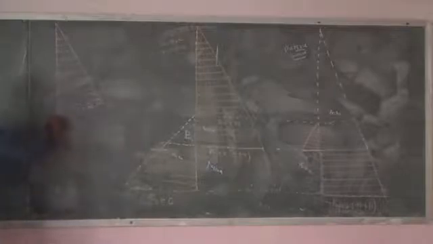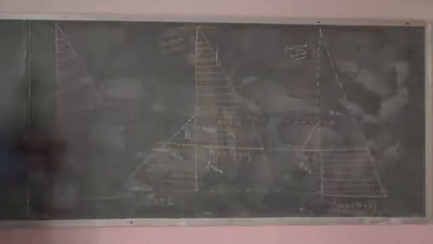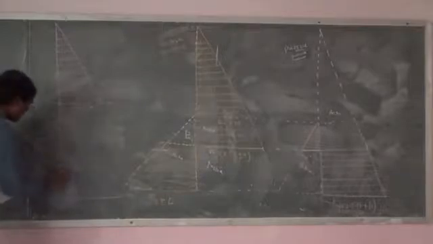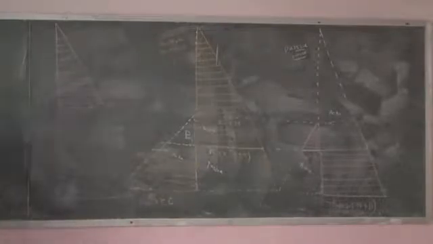This is your main line, the sheet pile, and like this will be there. So this is your net pressure diagram.